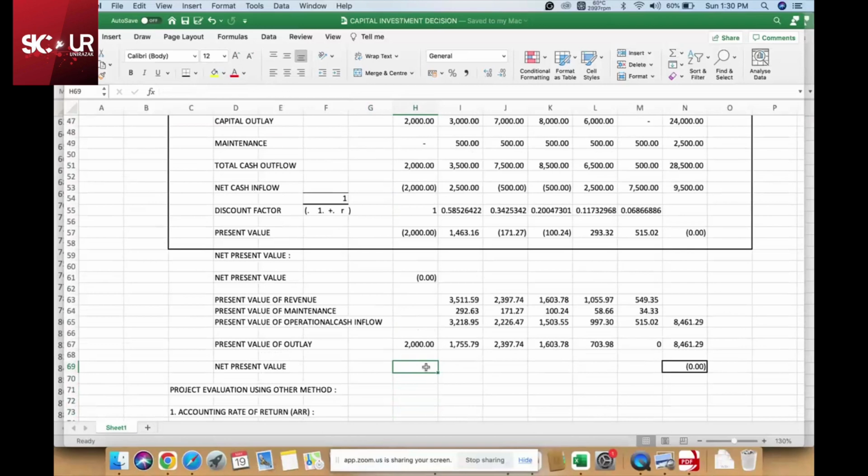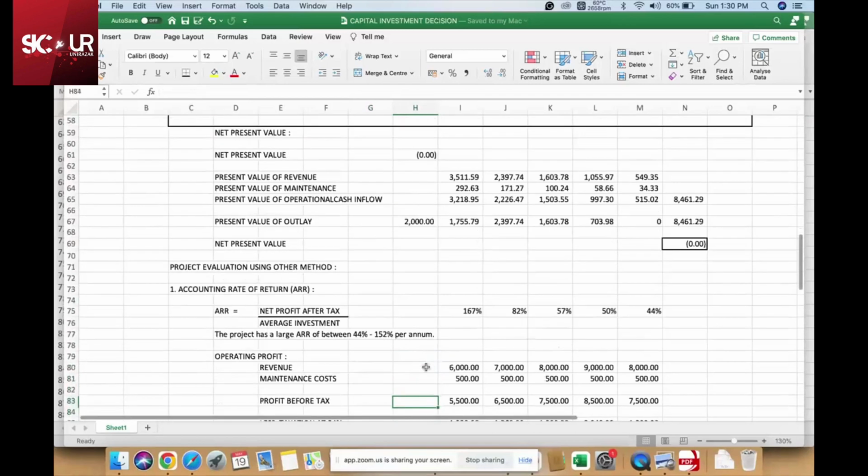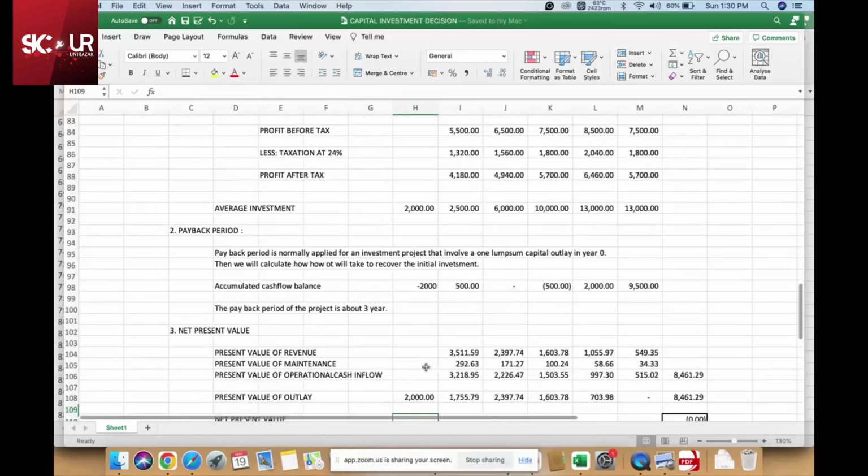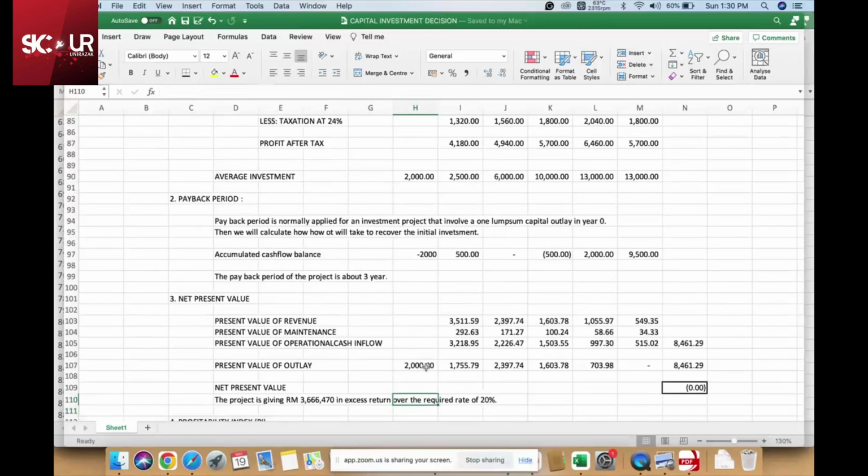So the internal rate of return is the actual return on the project. How do we determine that? For example, just now at 20%, our net present value was 3.36 million.